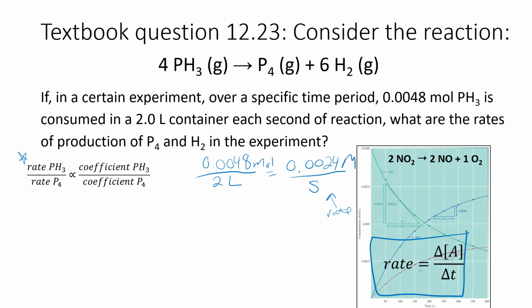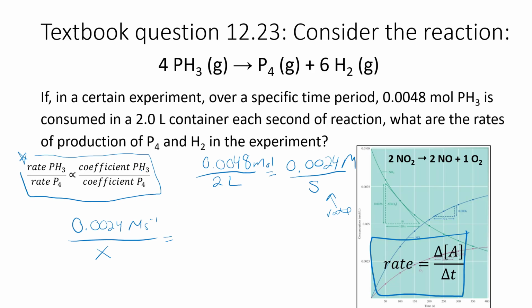And then this coefficient, this is our general equation. The idea that the rates are proportional to the coefficients for these initial rate problems, not for my differential rate laws, but for my initial rate problems. And so I can write this out as my rate of PH3, 0.0024 molarity times second inverse, so per second, over the rate of P4. And I don't know the rate of P4 yet.